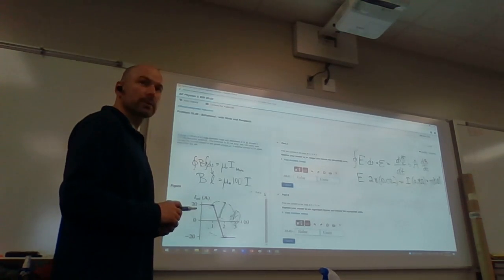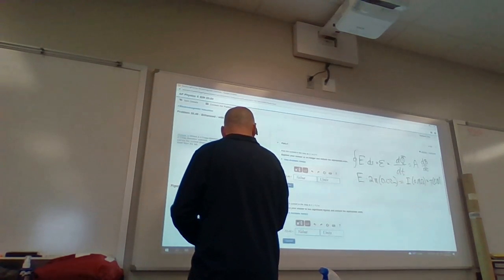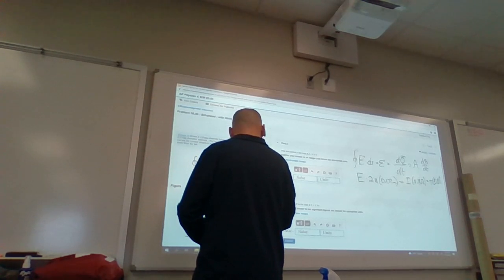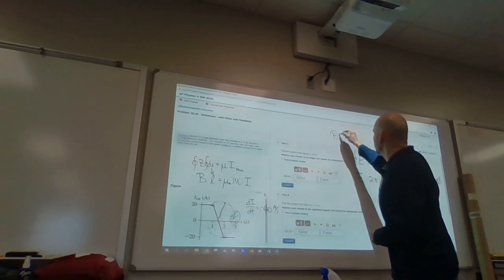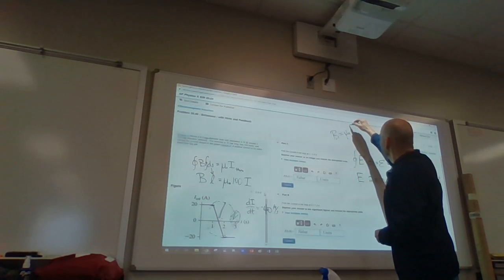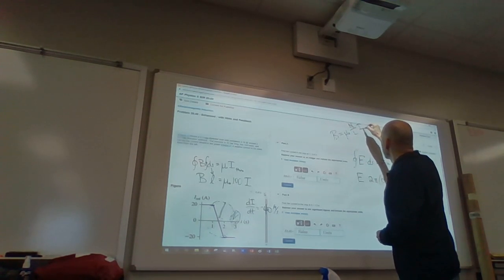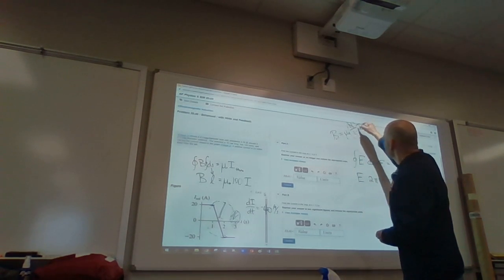So the rate of change of current is negative 40 amps per second. So how that gets incorporated: we know the magnetic field of a solenoid is equal to mu naught N over L times I. Yeah, because capital N is the number of loops.